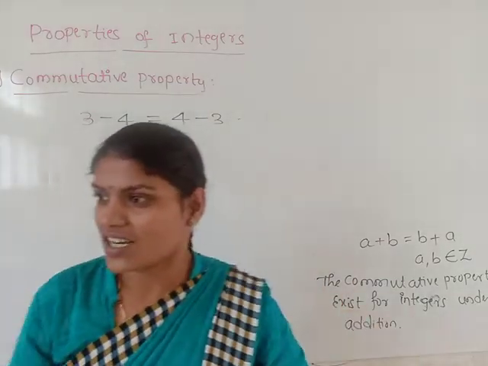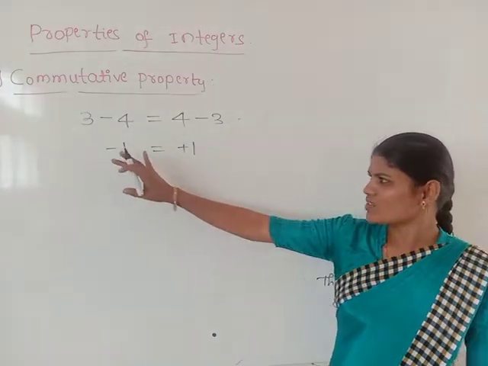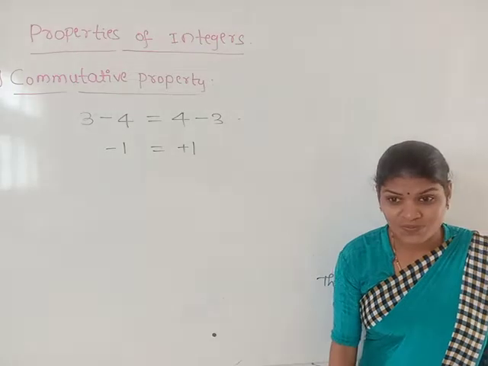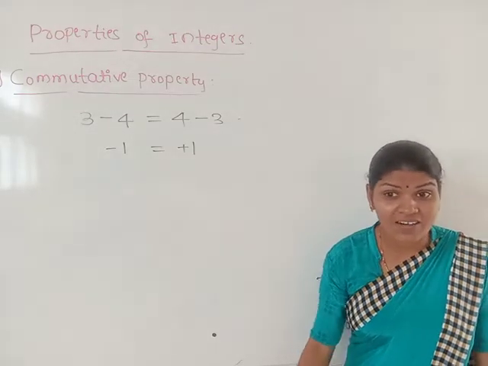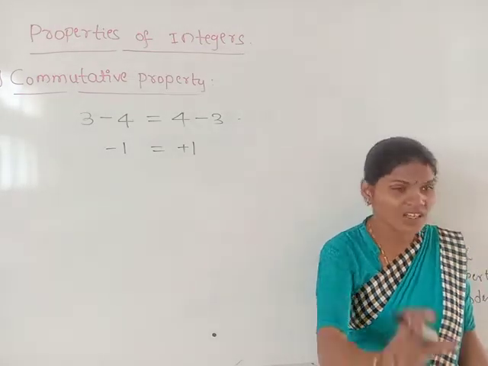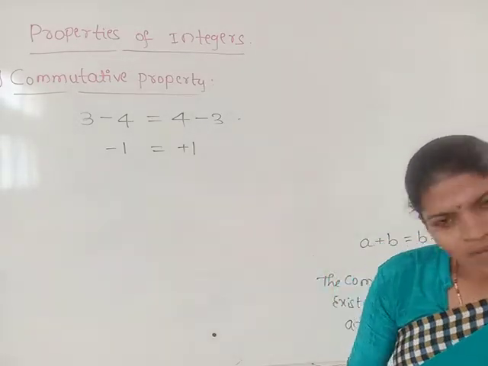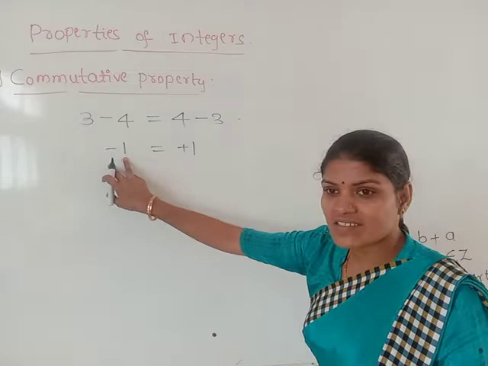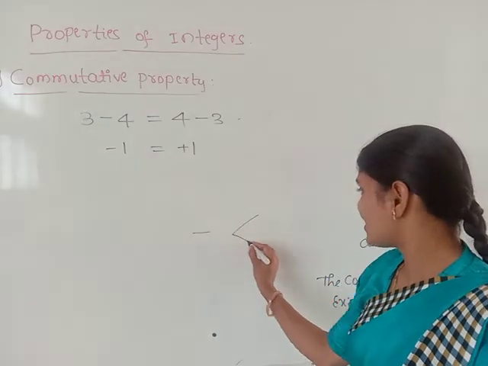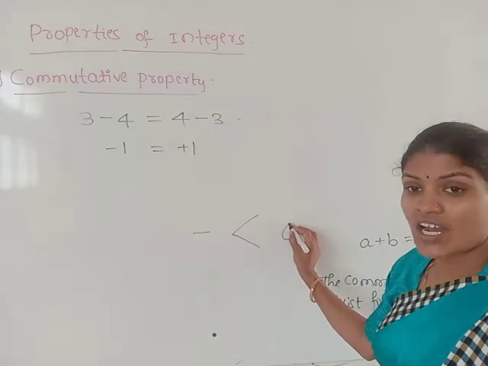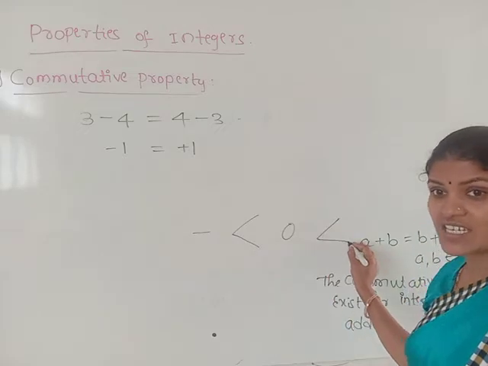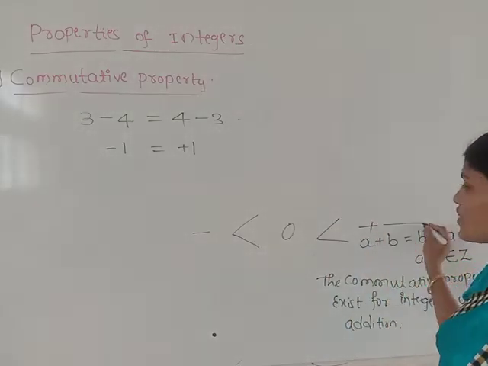Now the question arises, whether minus 1 is equal to plus 1? No. Why? Already in the set of integers you have studied that negative numbers are always less than 0, and 0 is always less than all the positive numbers.